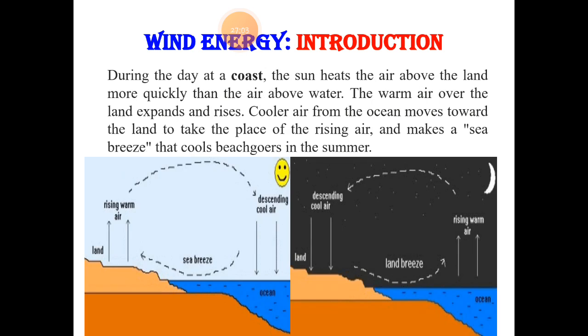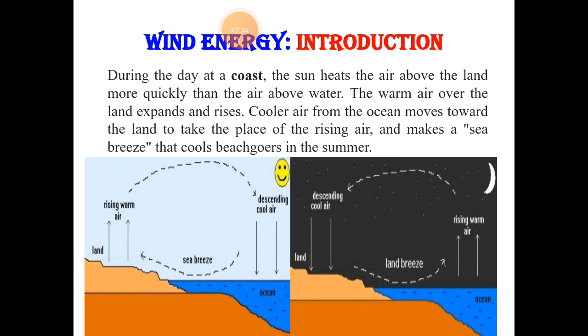So during daytime, as the earth is hot, it makes air to move up, causing less pressure. In coastal areas, the warm air moves from the land to the sea, and cold air moves from sea to the land.